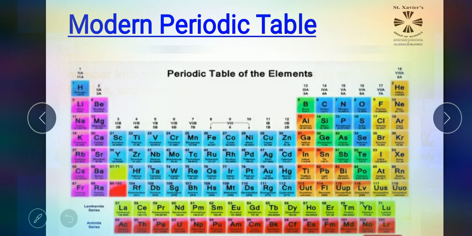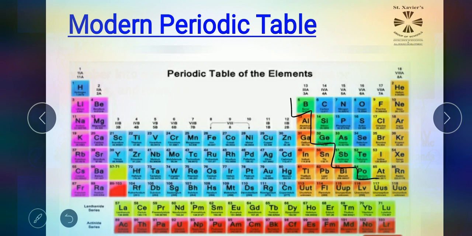Other than this, as we continue with the modern periodic table, students, one zigzag line is there, shown with green color blocks. These green color blocks are metalloids, also known as semiconductors.